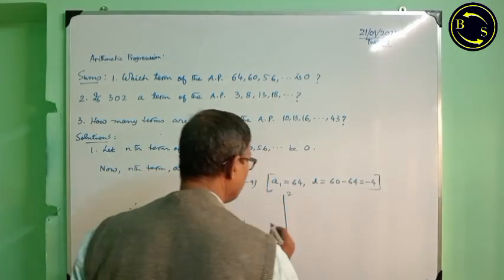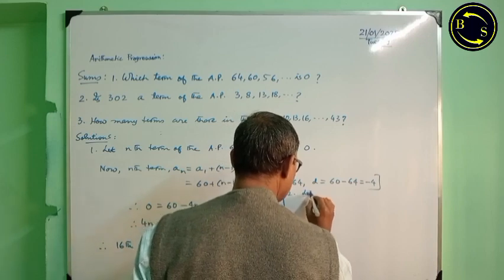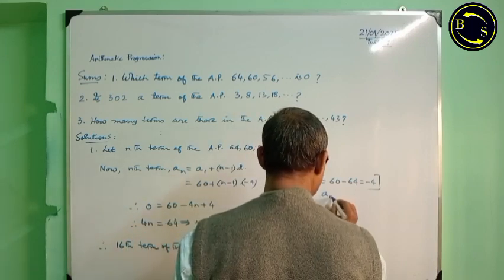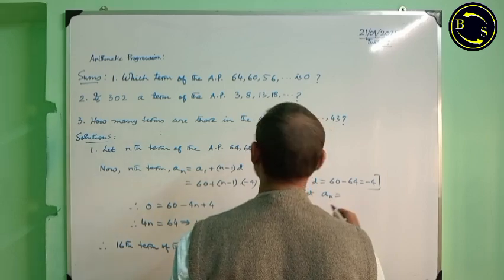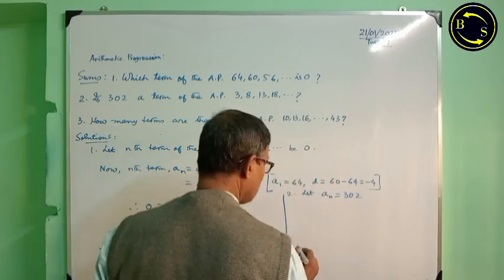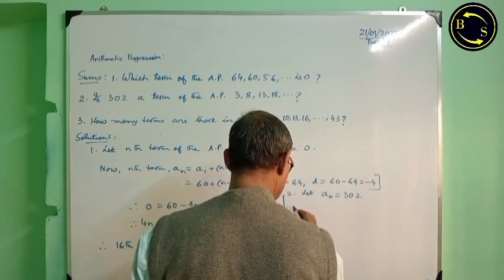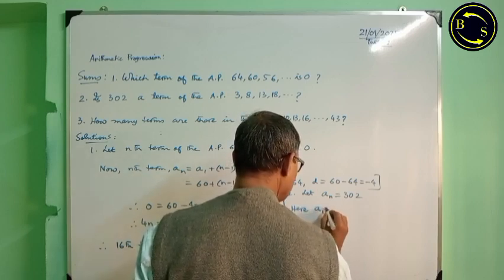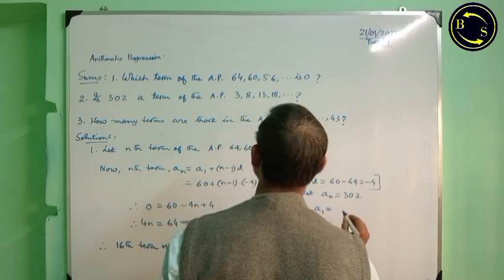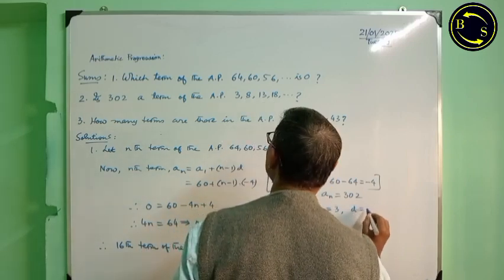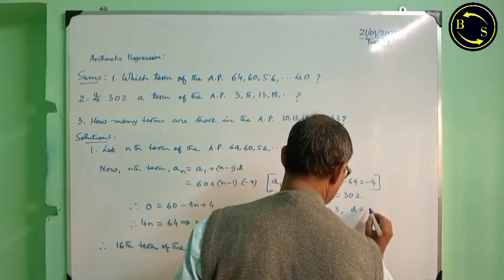Number 2. Let a_n be equal to 302. Here a1 is equal to 3, d equal to 8 minus 3, 5.